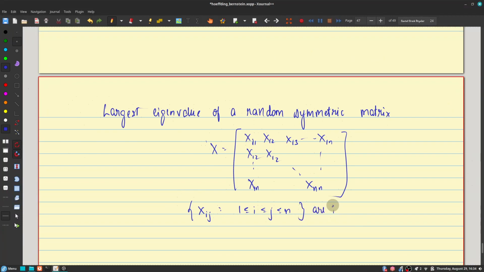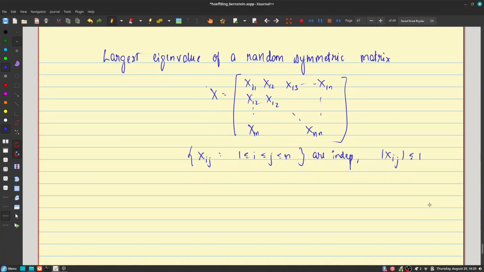These are independent, need not be identically distributed, but I'll make another assumption that each xij is bounded. Without loss of generality, I'll assume that it's bounded by 1. My goal is to understand the largest eigenvalue of this symmetric matrix. Let me call this lambda max of X.